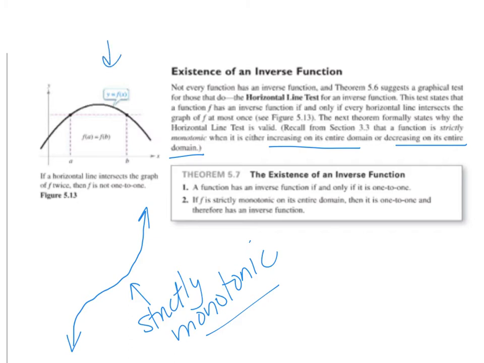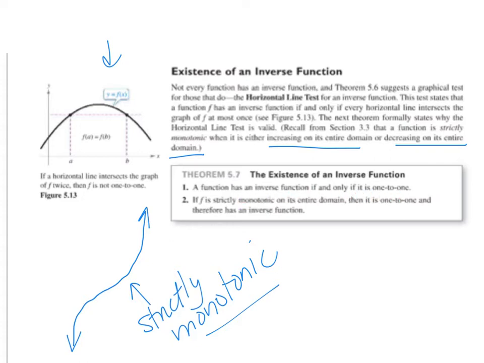All right, and then it says the existence of an inverse function. A function has an inverse if and only if it is one-to-one. Now a biconditional statement, if and only if, means that you could read it forward or backwards. You could say a function has an inverse if it's one-to-one, or a function is one-to-one if it has an inverse.